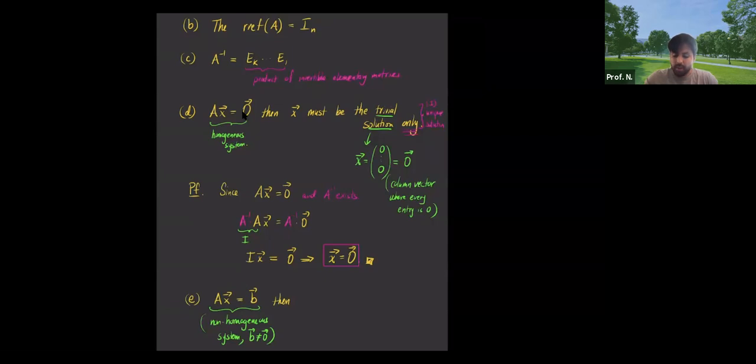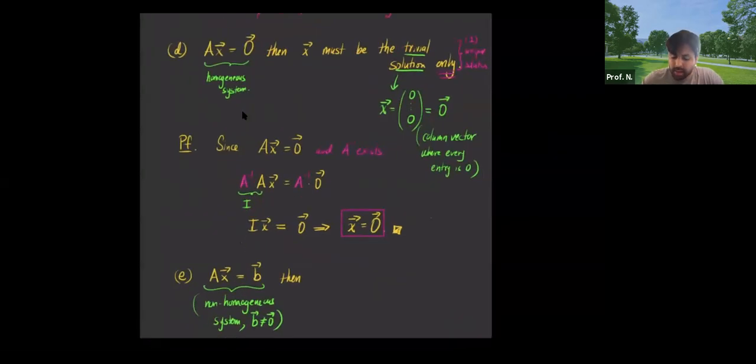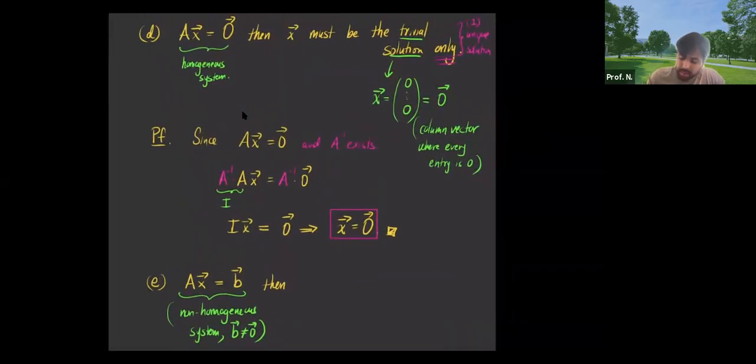So if AX is equal to B, then what is X going to be?